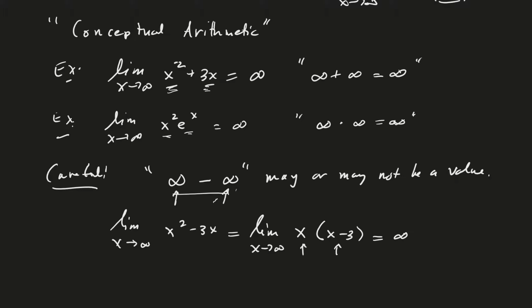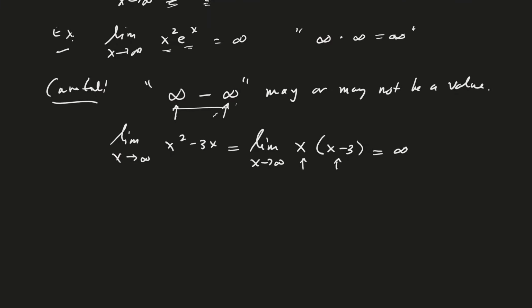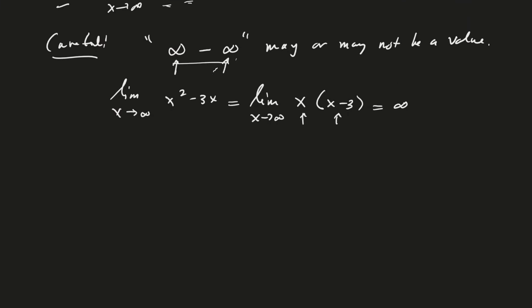As another example, suppose you have the limit, and this is going to be kind of a big example here, as x goes to infinity of the square root of x squared plus 3x plus 1 minus x.